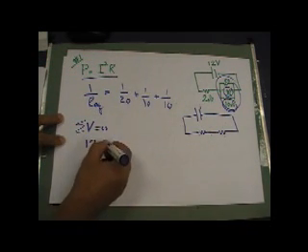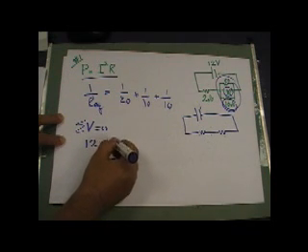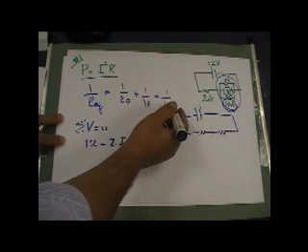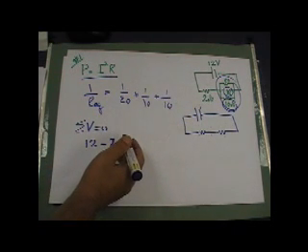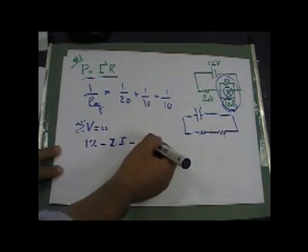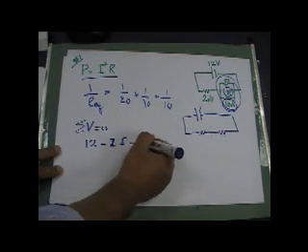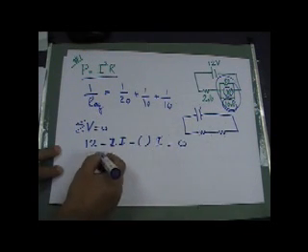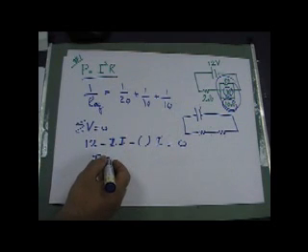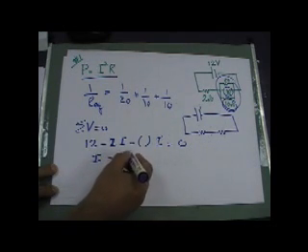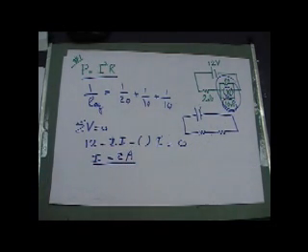I say 12 minus 2I minus the combination of these, which you have to work out, and that is also I, and from here you get I. Once you do that, I got the value of I, maybe it's equal to 2 amps, if my calculations are correct.